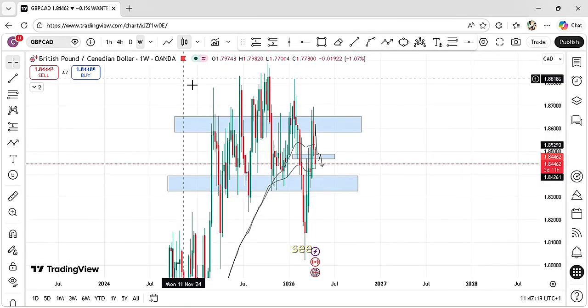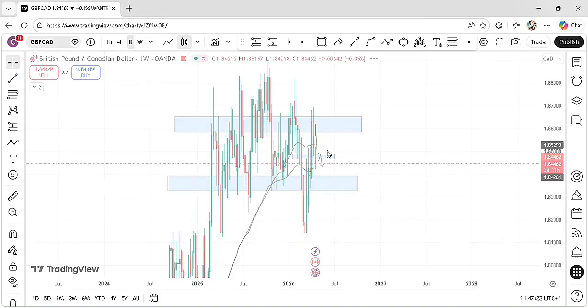Structural wise, it was creating this, but it broke it here, came back here, and broke it here. So structural wise, GBP CAD is selling.